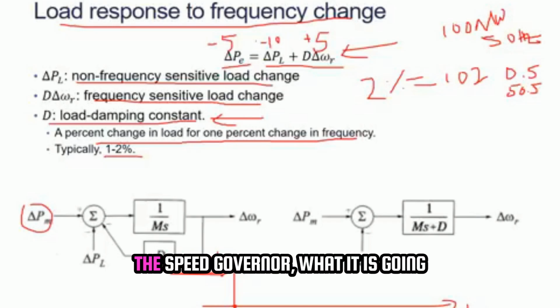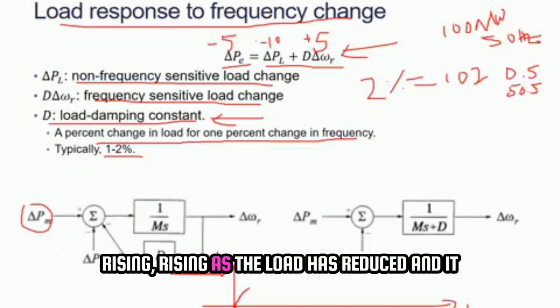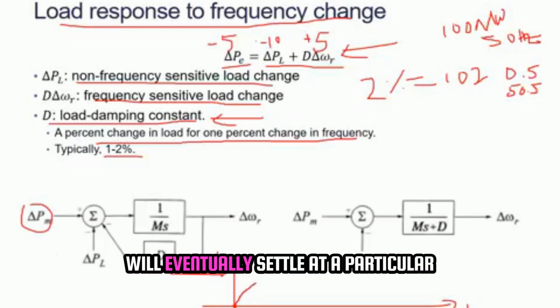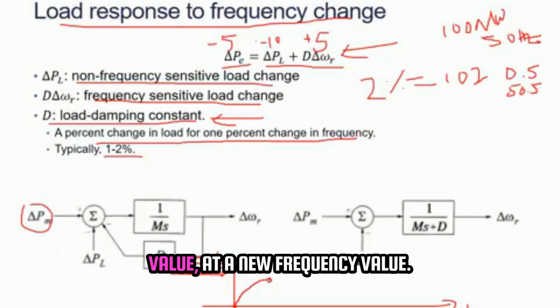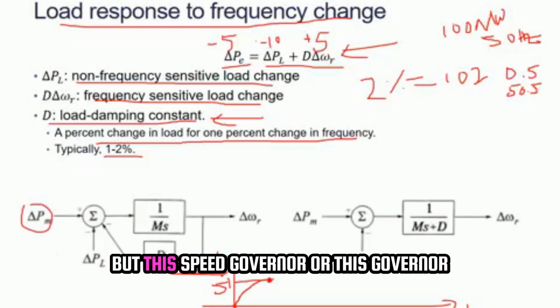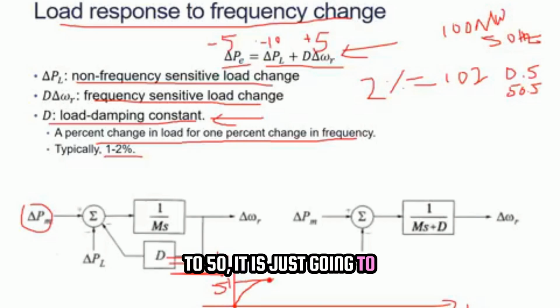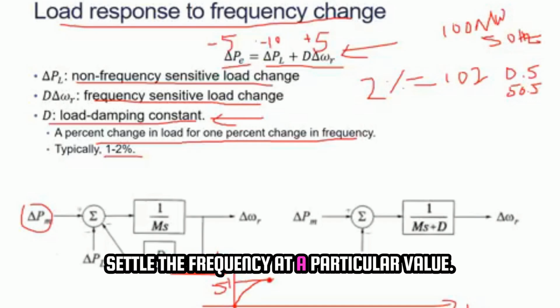Then the speed governor, what it is going to do is, the frequency is rising as the load has reduced, and it will eventually settle at a new frequency value. So this is going to be a new frequency, let's say 51 hertz, right? But this governor action will not bring the frequency back to 50. It is just going to settle the frequency at a particular value.